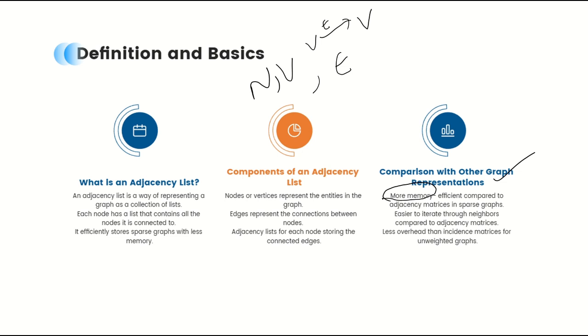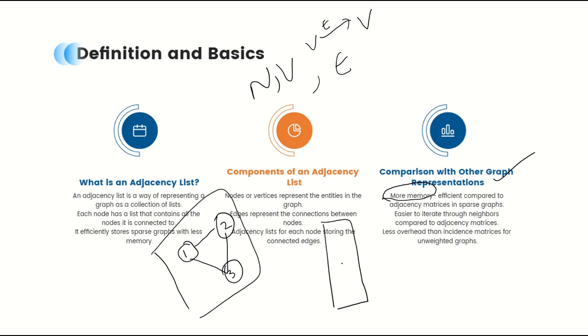Now, let's see how an adjacency list can be created. As we discussed, graphs can be of two types: directed and undirected. Let's take 1, 2, 3. As this is an undirected graph, let's see how it can be stored in an adjacency list. Let's create an array that has all the vertices, 1, 2, 3.